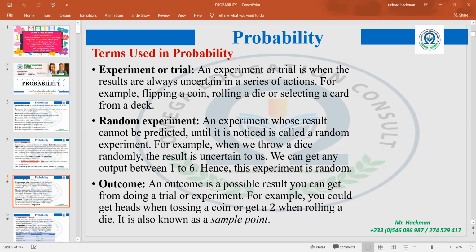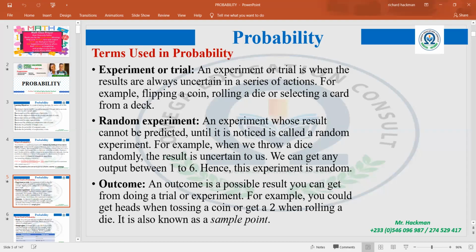So if I'm selecting particular students and I just pick them without any favor, then it means I'm looking at my experiment to be equally a random experiment. So a random experiment deals with an experiment that is fair, and therefore it will give you a fair result with no issues.